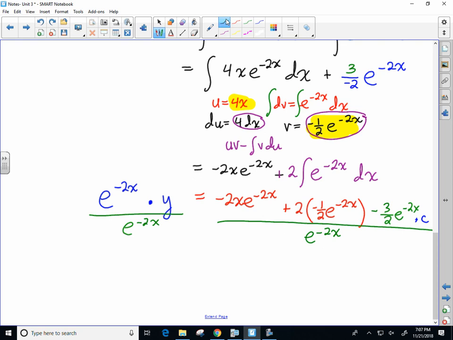And so we'd be looking at y equal to negative 2x minus 1 minus 3 halves, plus c over e to the negative 2x.